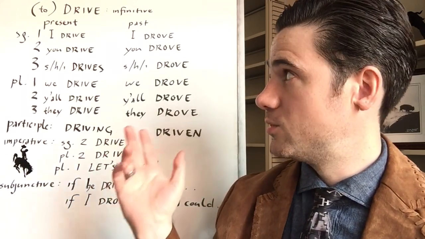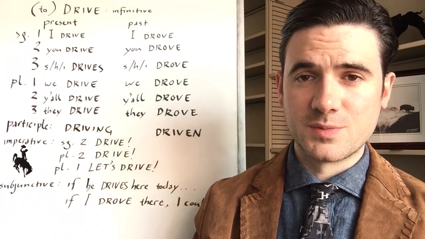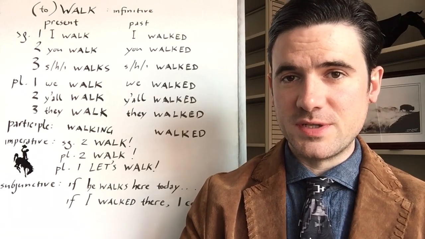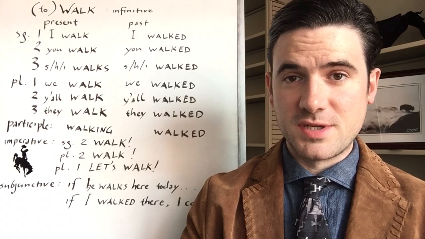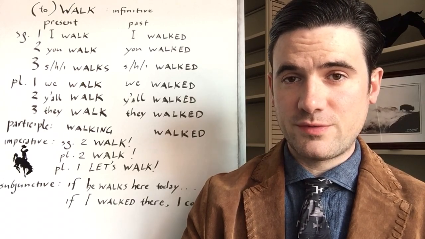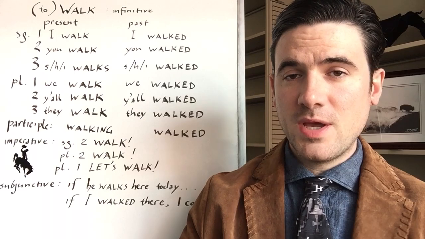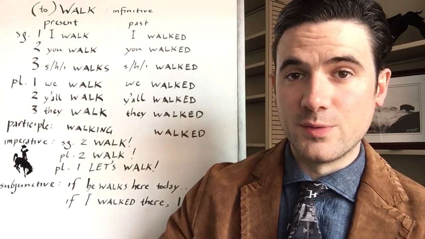All right, so this is a, quote, strong verb in English. Let's look at a weak verb in English as well. All right, now this is walk, which is a weak verb. The difference is, in traditional Germanic language studies, we call strong verbs the verbs in Germanic languages like English, Old Norse, German, that have a past tense formed by changing the vowel in the root of the word.